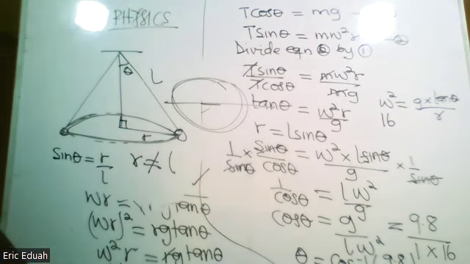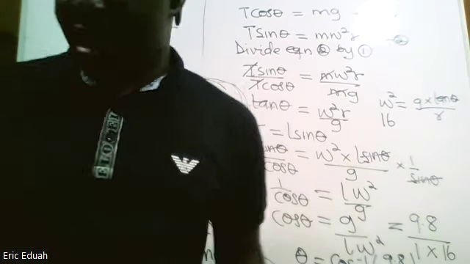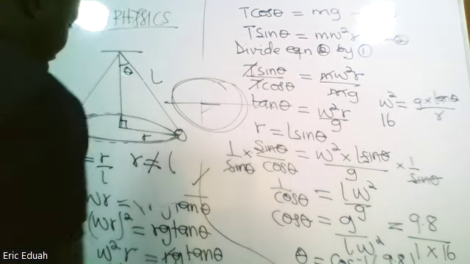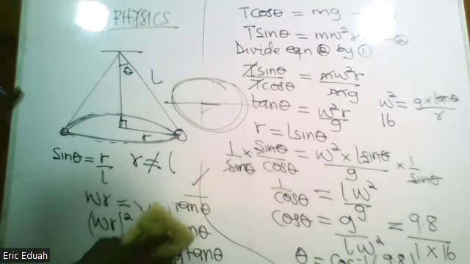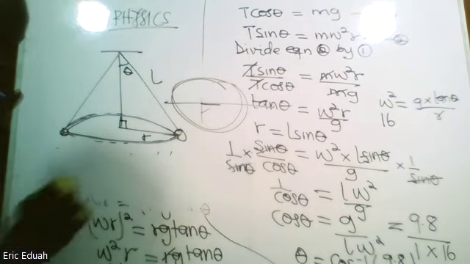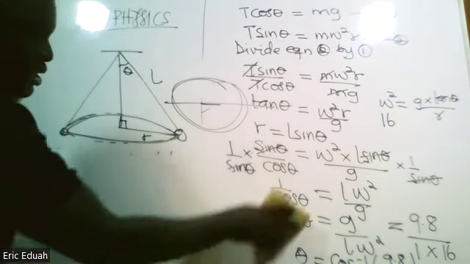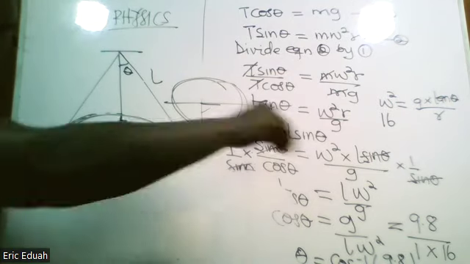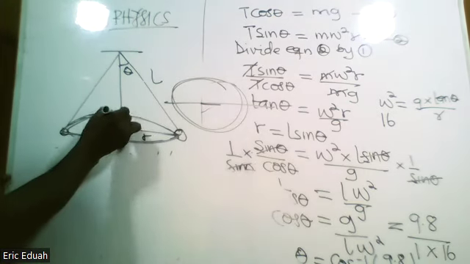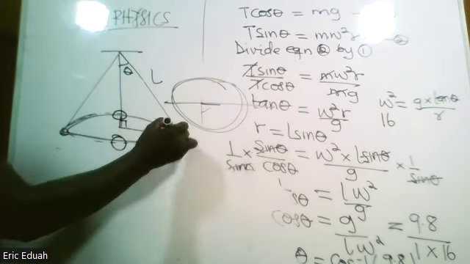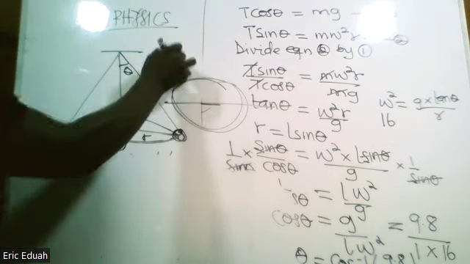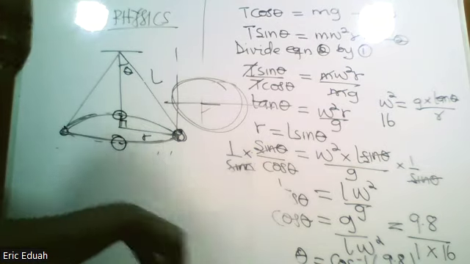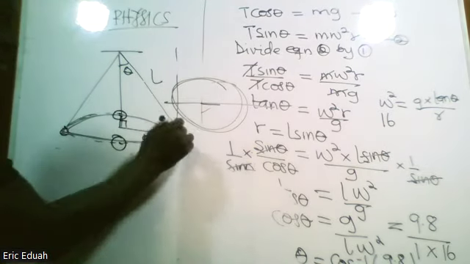Okay, let's look at another aspect, please. Conical pendulum falls under uniform velocity motion. It falls under uniform velocity motion because while the object rotates in that conical manner, wherever the object is placed, the effects of acceleration due to gravity at this point are the same. So it doesn't vary the speed of the body.